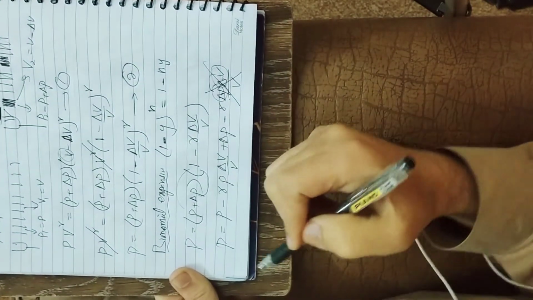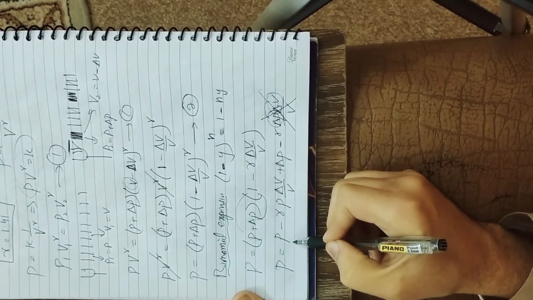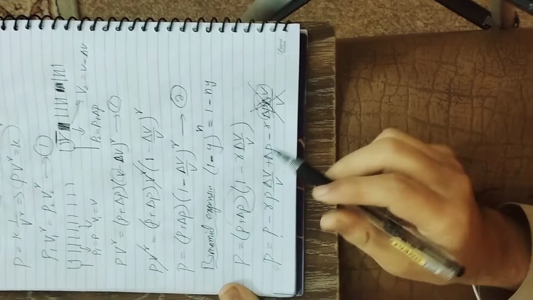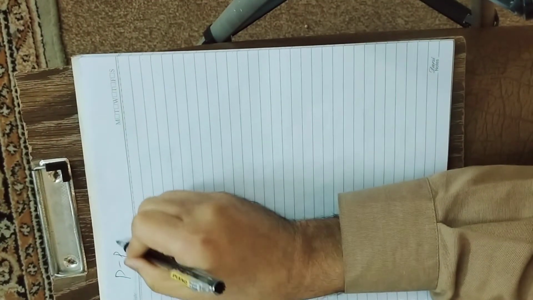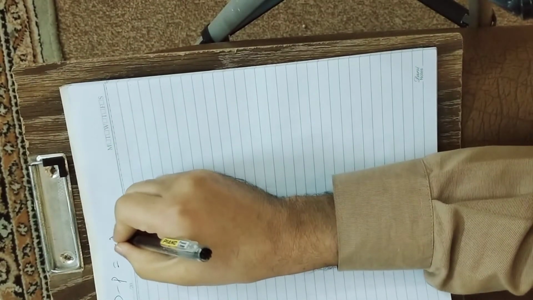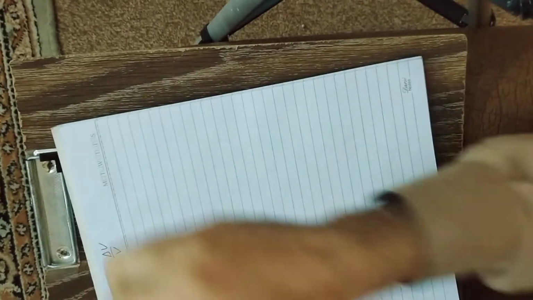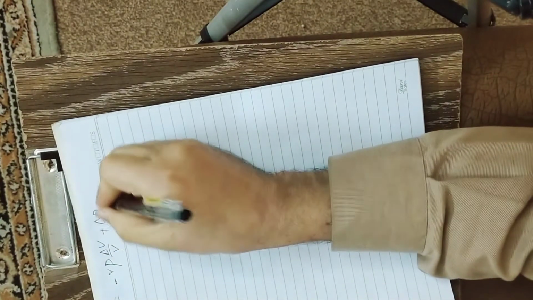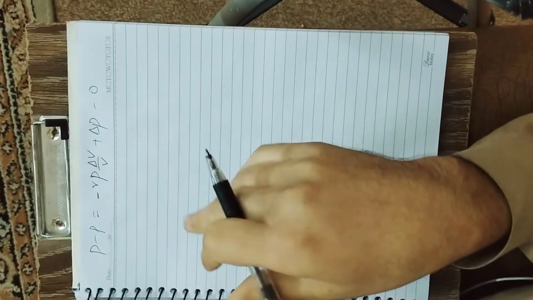Now look at this equation. Shift this P to the left hand side. Here it is positive, so on shifting to the left hand side it becomes negative, so it will be P minus P. The right hand side is minus gamma P delta V by V plus delta P minus 0, since the other term is neglected, so I write it as 0.